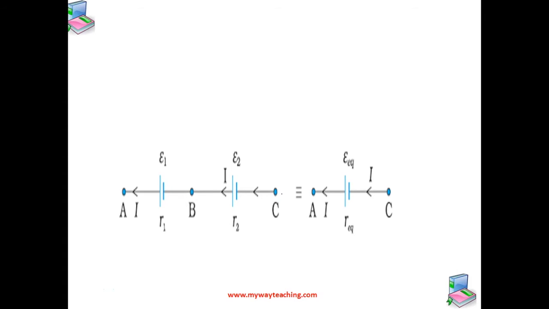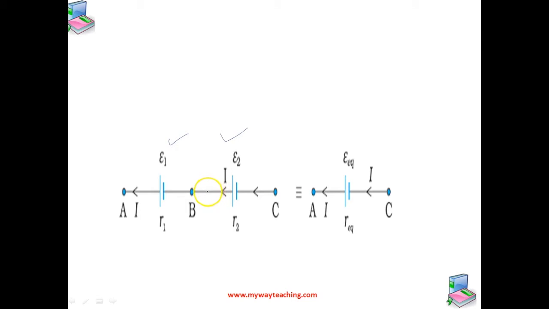So consider first two cells in series, as you can see here. These two cells are connected in series, where one terminal of the two cells is joined together, leaving the other terminal. So one end is connected to the other end.